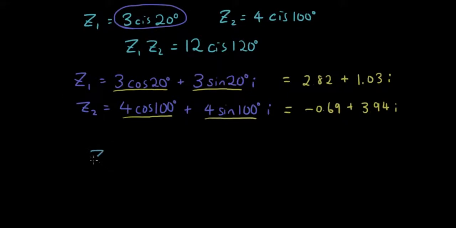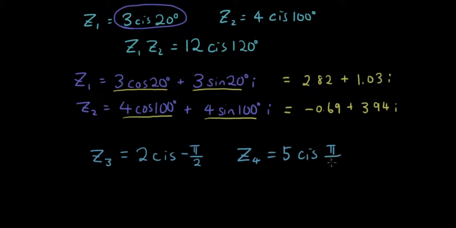So let's make Z3 equal to 2 cis negative, and I'm gonna give you an angle in radians now, so negative pi over 2, and let's get Z4 equal to 5 cis 3 pi over 4.